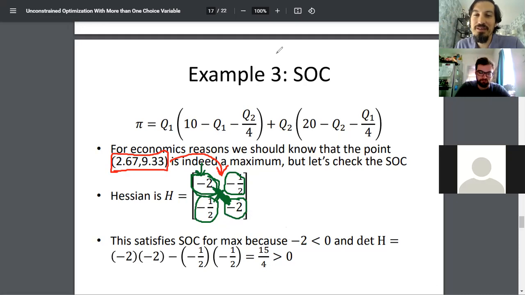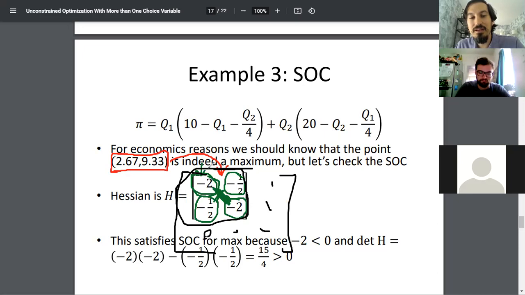I probably don't need to be telling you this right before a quiz. But if this were 3 by 3 with other numbers here, I would look at the top left submatrix and make sure it has the important properties, for the same reason that I don't need to check all of them: it's implied within the condition that if it's true for that one, I don't have to check the others.